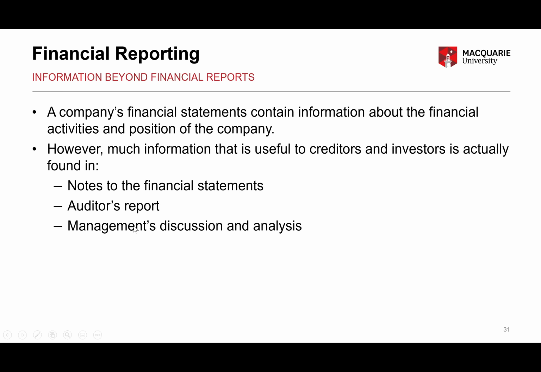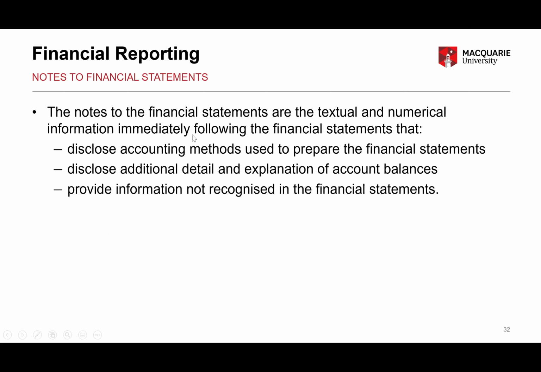So looking at these in a bit more detail, the notes to the financial statements. We've got textual and numerical information. It immediately follows the financial statements, so they're like footnotes, if you like. It explains things and discloses the accounting methods that we've used, as I mentioned, and gives additional detail and explanation of account balances.